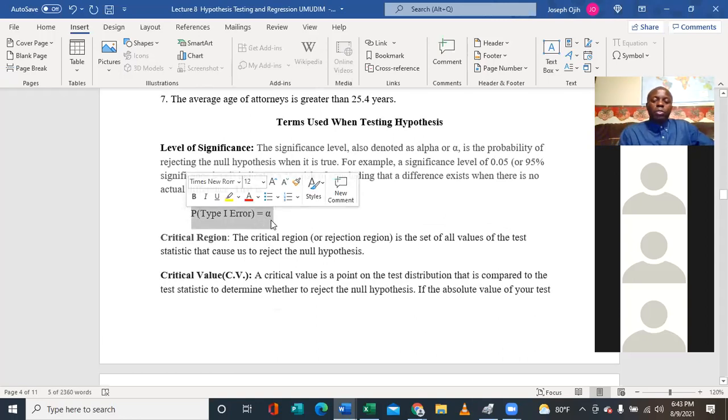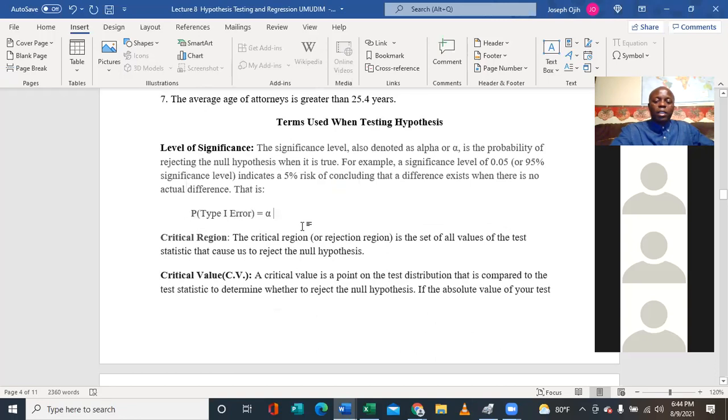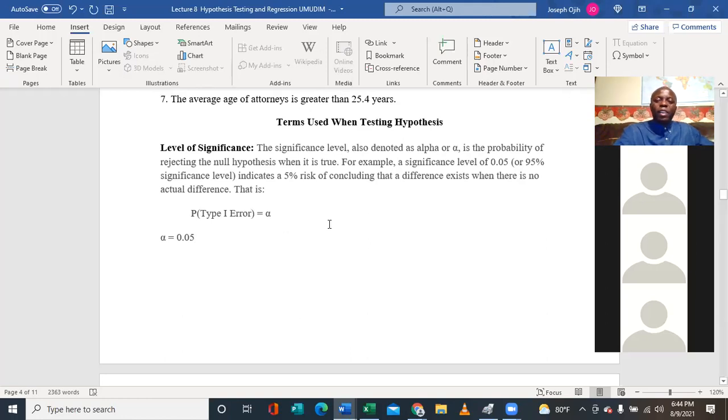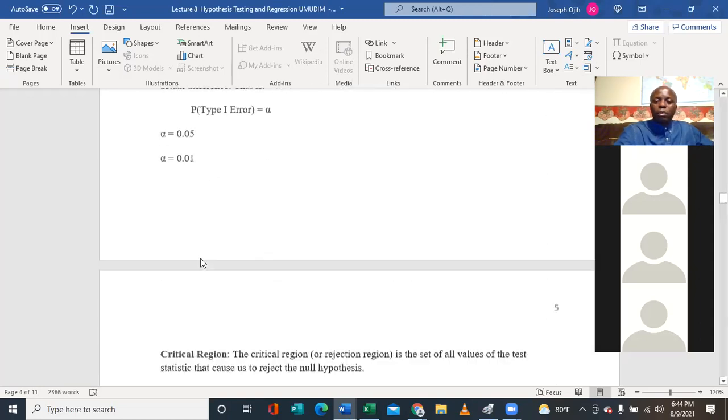If you're using an alpha level of 0.05, that means your chance of committing the error is 5%. The chance of making that mistake is 5%. If you're using an alpha level of 0.01, your chance of committing type 1 error is only 1%. That's what it means.